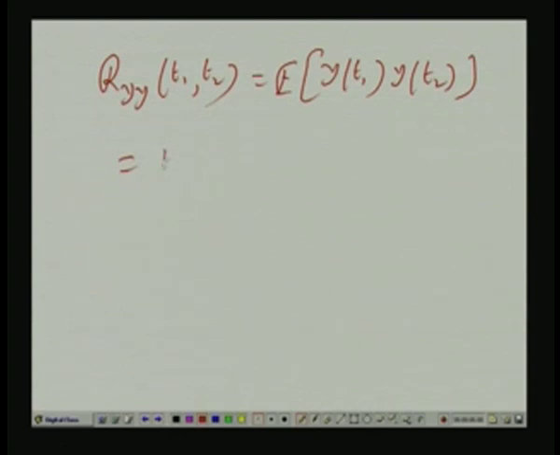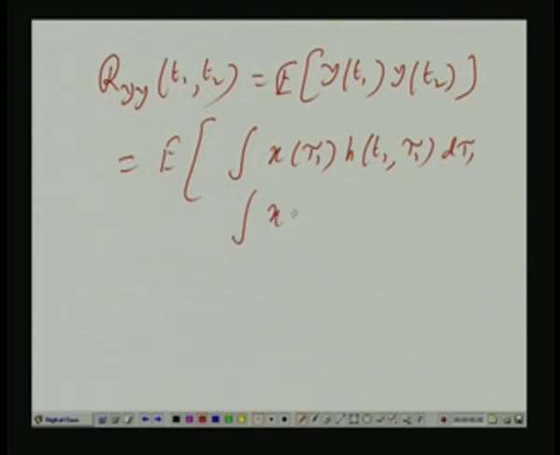Here simply replace by those expressions. y t 1 was, again in just the linear case, not necessarily time invariant, for that we will have x tau 1, and then here x of another variable tau 2.